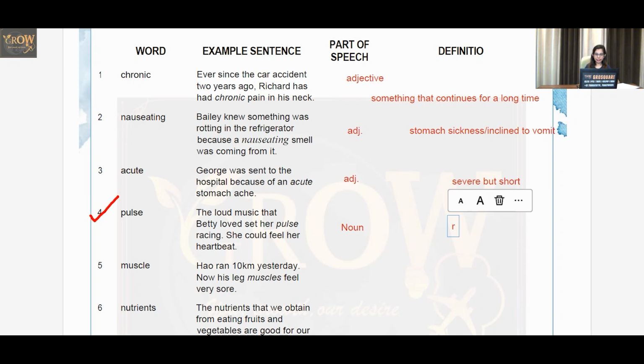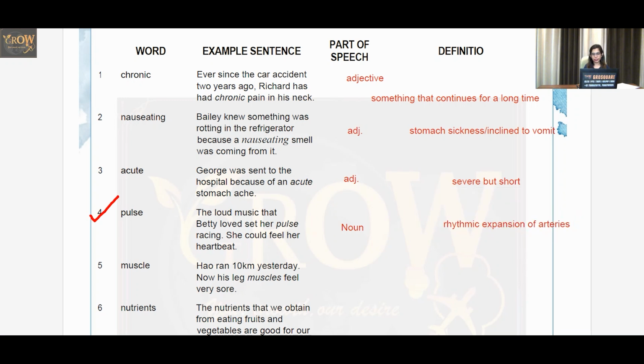So what we can call it in English, this is something like rhythmic expansion of arteries, right?